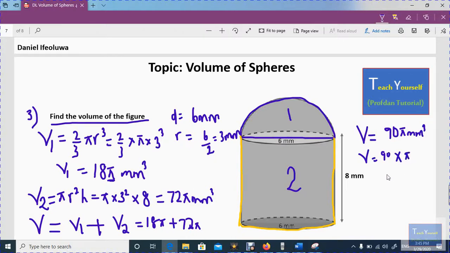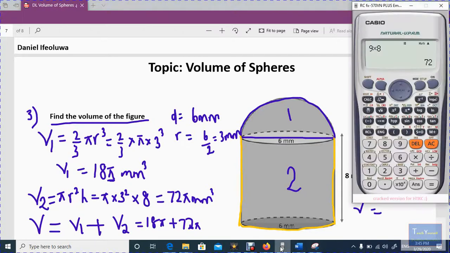If you are asked to use the value of pi as 3.14, for example, you can have your volume as 90 times 3.14. Okay, so your volume is 90 times 3.14. Let's use your calculator.